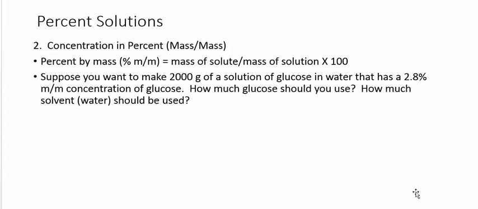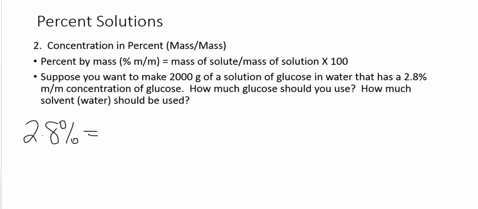We can also do concentration in percent mass to mass, just like volume to volume, except we're using masses. In this example, I want to make 2,000 grams of a solution of glucose and water that's 2.8% mass to mass glucose. How much glucose should I use? How much water should I use? So we have the percent, 2.8% mass to mass.